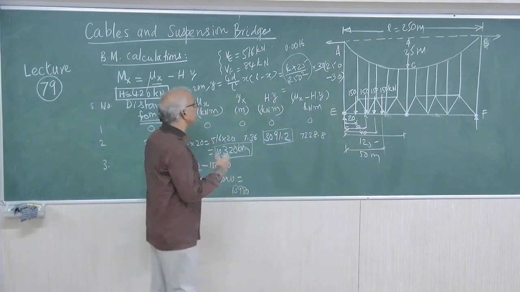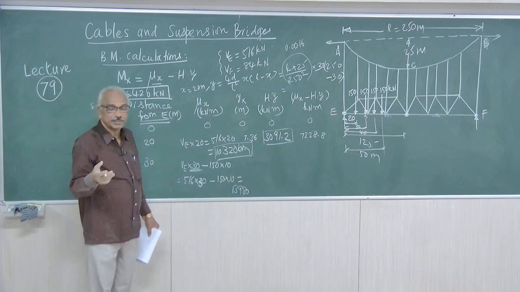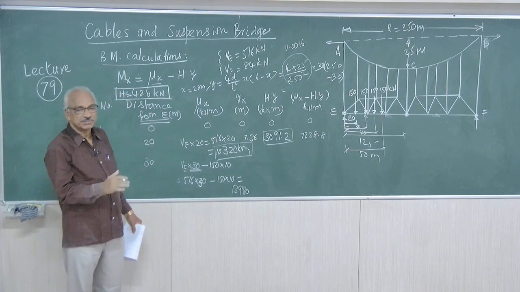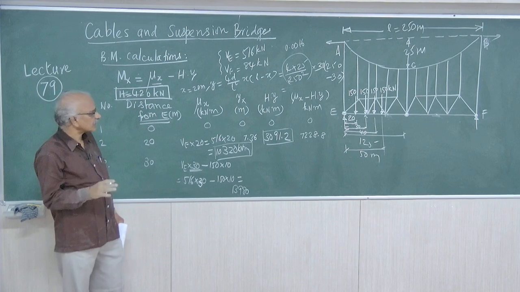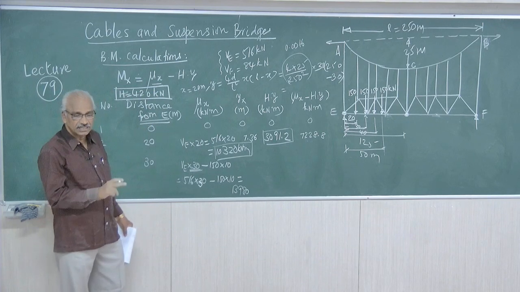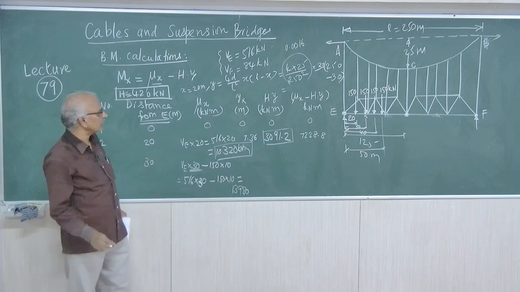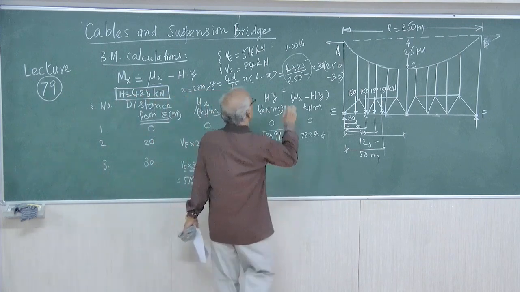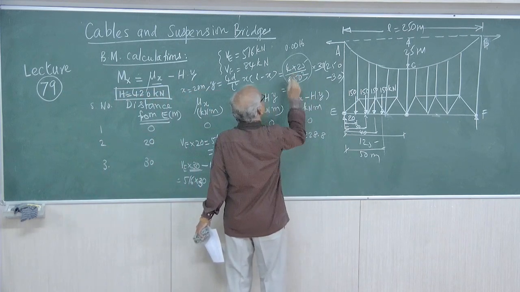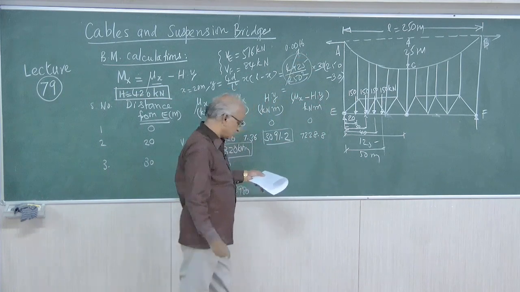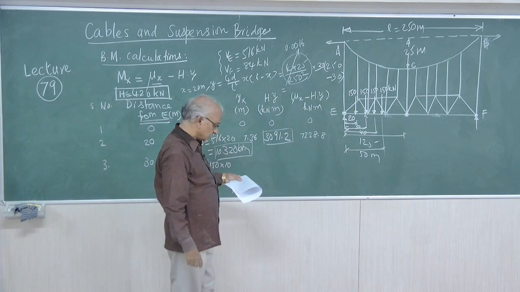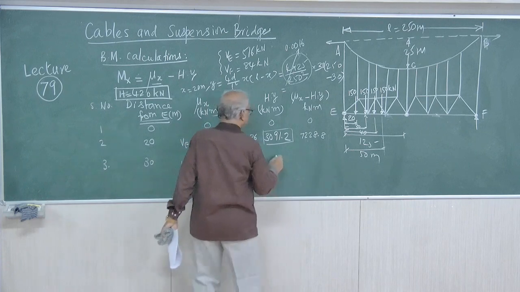So every time we need not multiply by 4 into 25 by 250 square; we can simplify that value to 0.0016, and 0.0016 into 30 into 220 will straight away give you the value. So now this is equal to 10.56.